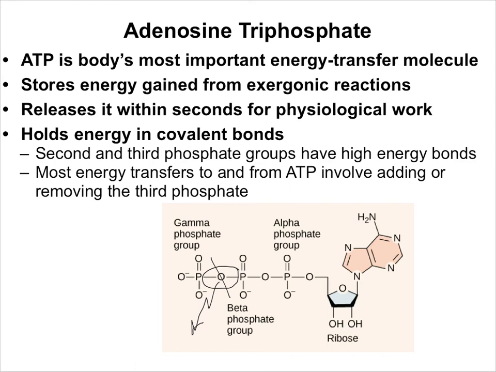All right, those are the 4 biological macromolecules. You should know what we went over for each of them. So for each of them, you should know what the monomer is, what the polymer is, the importance of the structure, and the functions in the body.